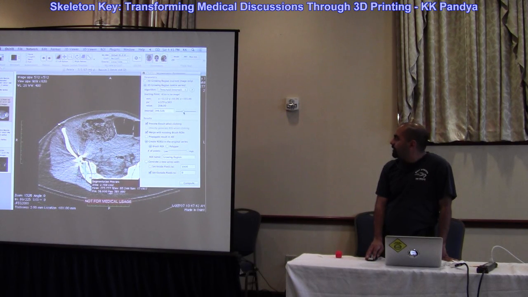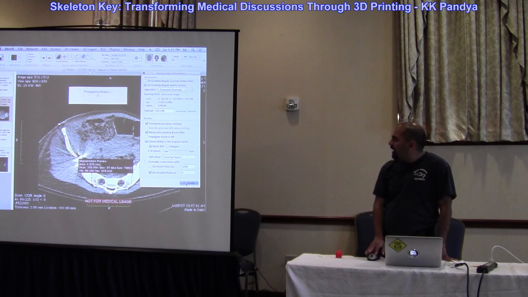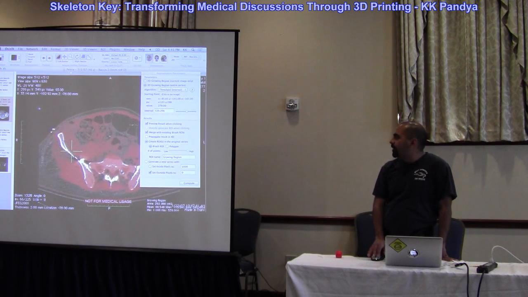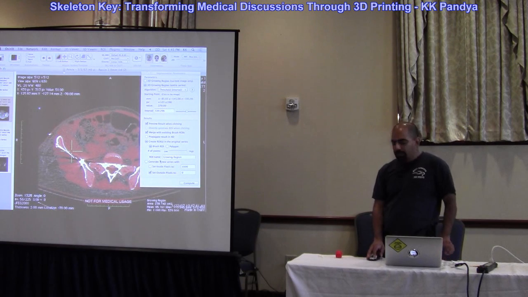The goal is to select enough of that tissue, in this case this bone, to have it show and be able to build a model out of that. So while the tools are available, figuring out how to tell the particular story with your patient can be very specific per study.